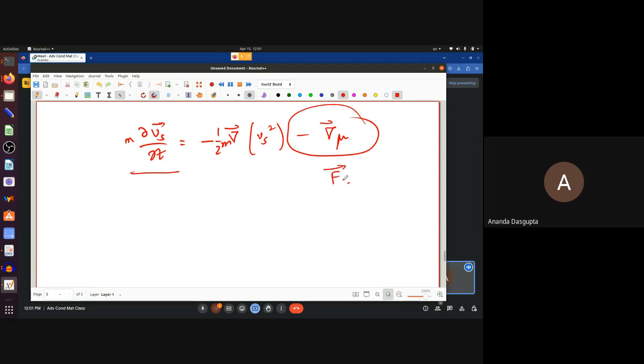But there is one critical step, which is, as I talked about at the very beginning of this class, mass times this partial derivative is actually not equal to the force for a fluid flow. For a fluid flow, what you must have is del Vs del t plus Vs dot grad acting on Vs equal to minus grad mu.